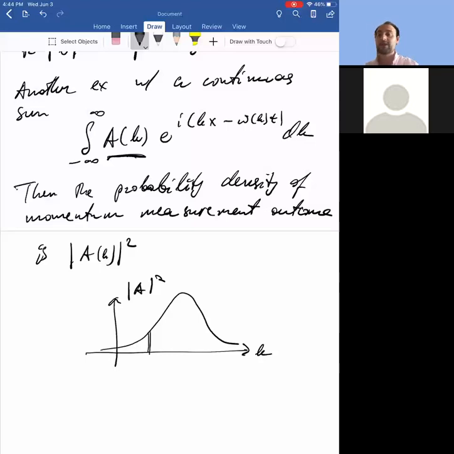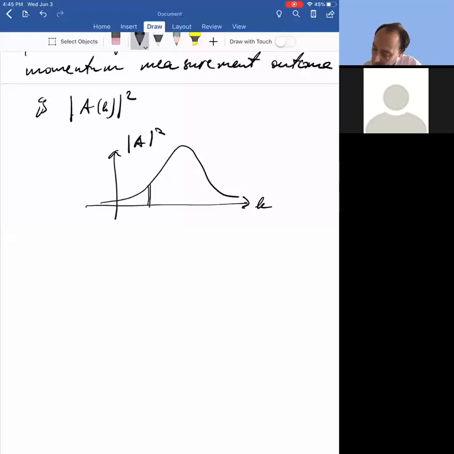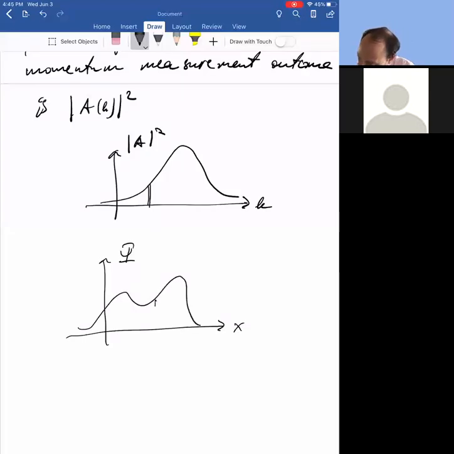And similarly for the wave function itself, you can think of a wave function, when plotted versus space, as really a sum of these peaks. And then it's also kind of a continuous sum of peaks, all placed at different positions.